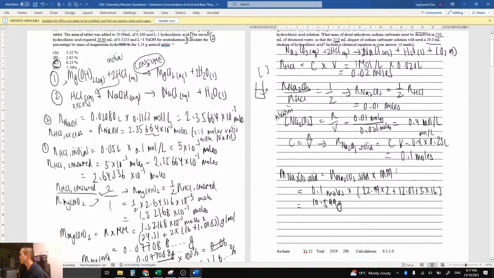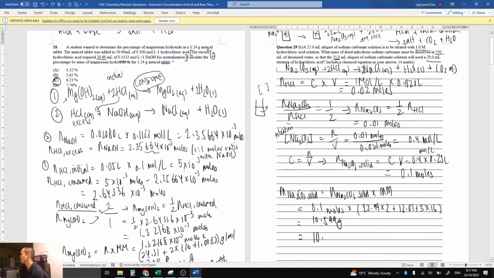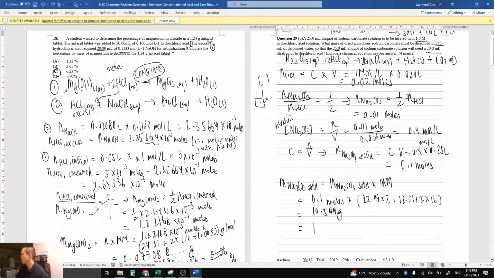Now, we always end with two things: the number rounded to the lowest number of sig figs, and units. The lowest we used was 2 sig figs. So this is 11 grams, 2 sig fig. Cool.